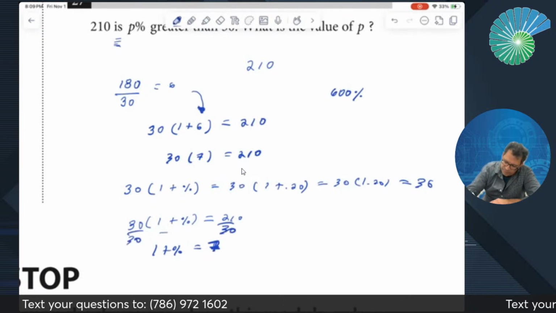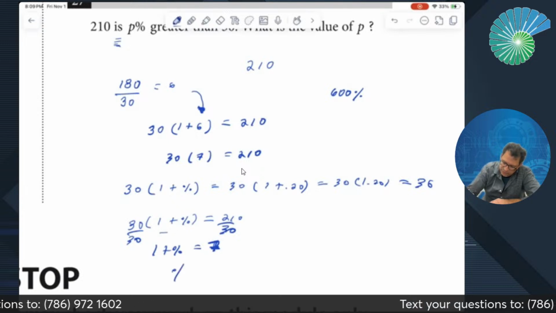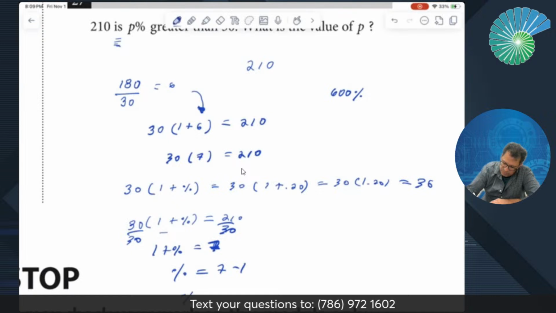I'm paying attention to something else while I'm doing this. And then the percent is 7 minus 1, which is 6, which means 600%.